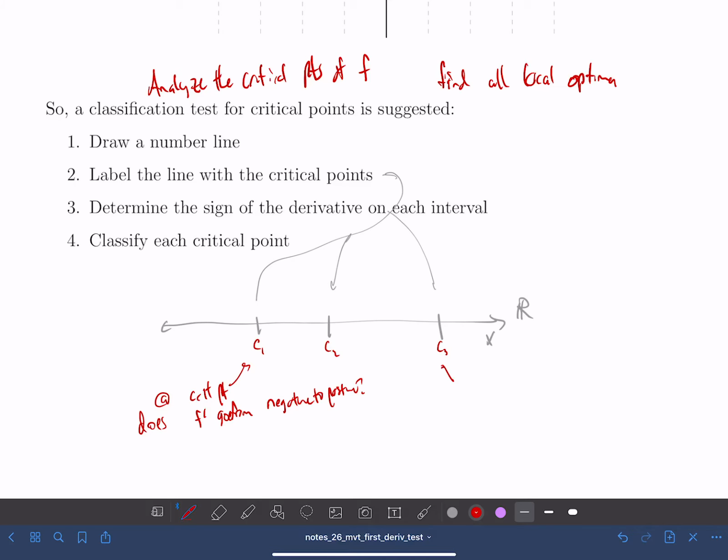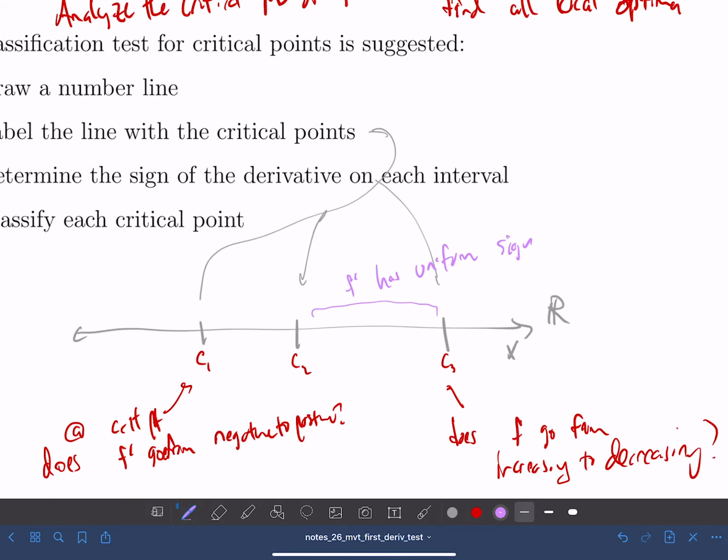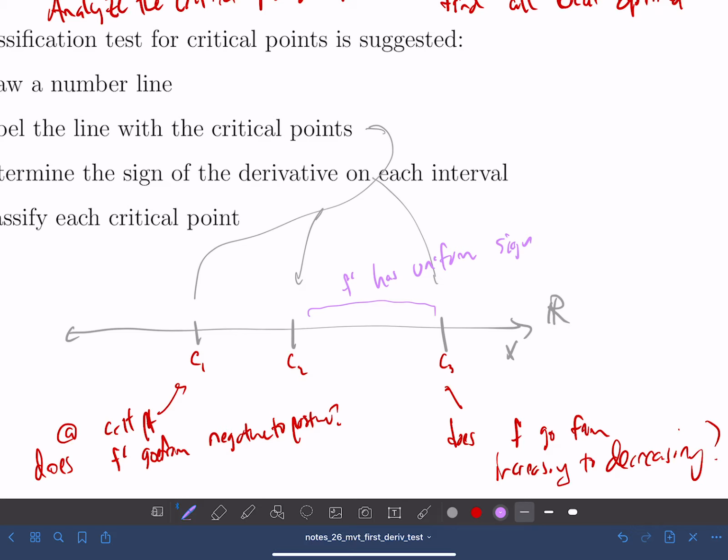At this critical point, does f go from increasing to decreasing? And how am I going to know that? Well, I know that f prime has uniform sign on that interval. And that's true for each of these intervals.